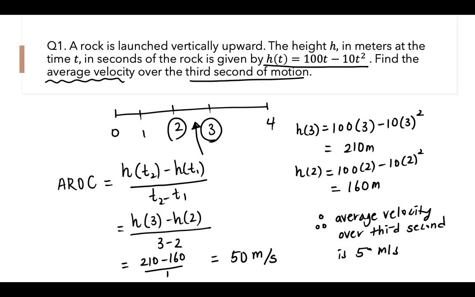You want to be mindful about the wording of the third second of motion, which means it's in between 2 and 3 seconds. And because it's average, you have to find the output at 3 and 2. So it's basically like a slope formula.